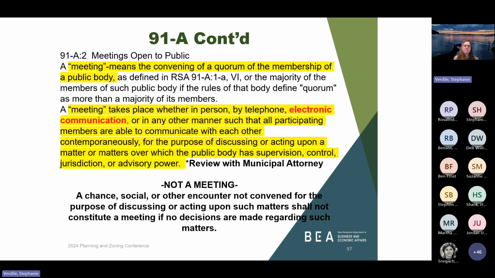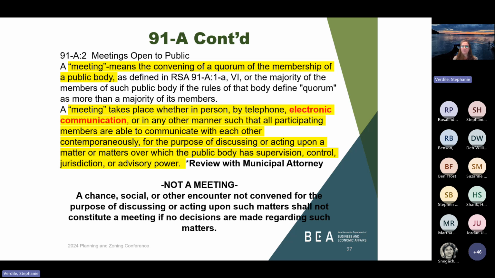You need to make sure that things are spelled out clearly in your rules of procedure as far as communicating via email. Okay. If your planning board members are talking about an application on email, you're having a meeting. So the best rule of thumb is that planning board members should not be communicating via email.